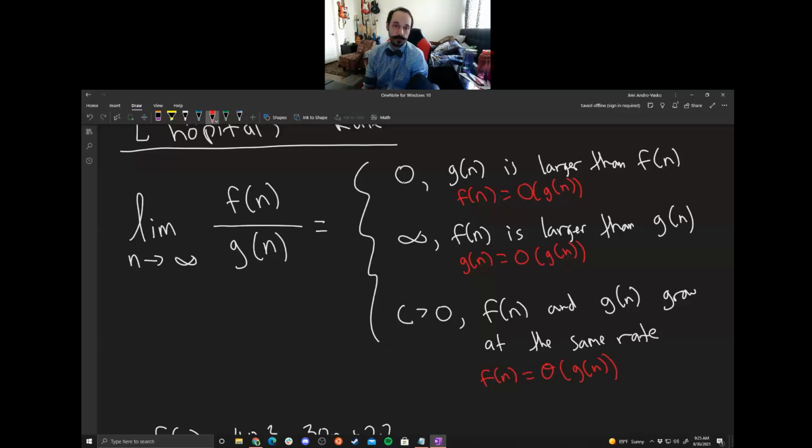So based on the results of L'Hopital's rule, we can conclude these statements. Because since g of n is the larger growth rate, then f of n must be in the set O of g of n. So just to add on to those notes right there.